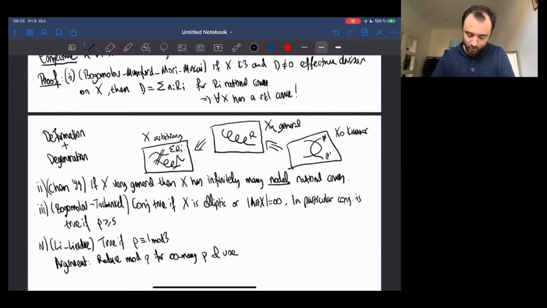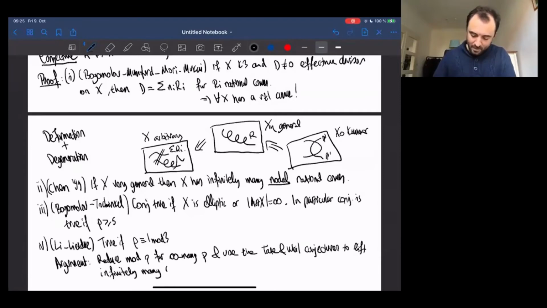So let me just say you reduce mod p for infinitely many p and use the Tate and Weil conjectures to lift infinitely many rational curves to the generic fiber.